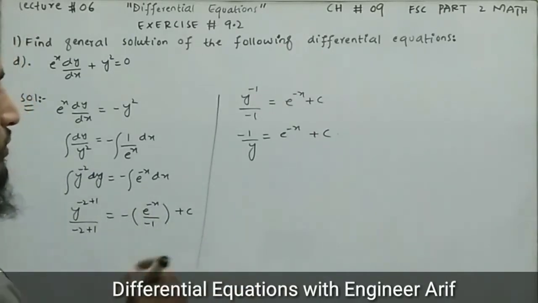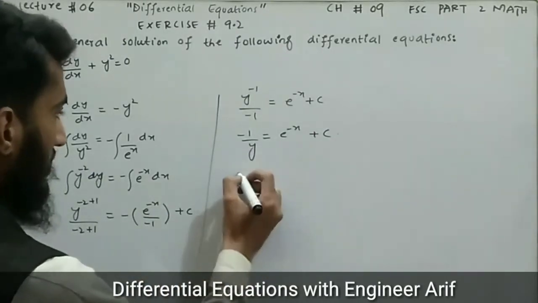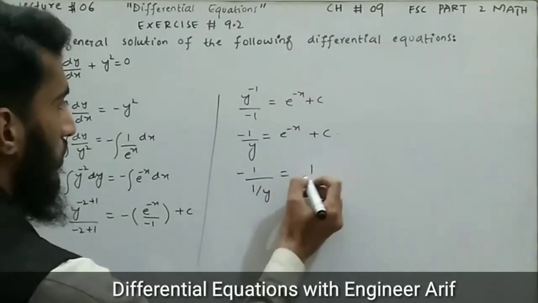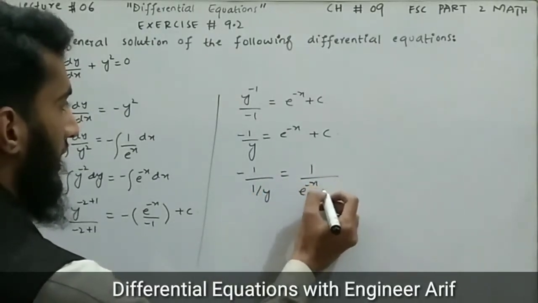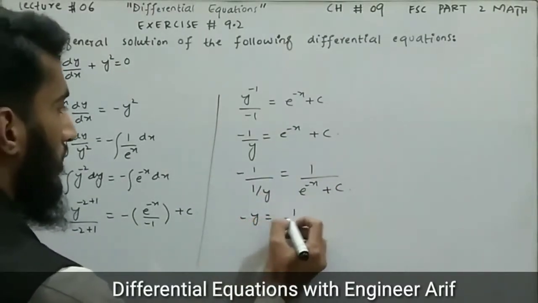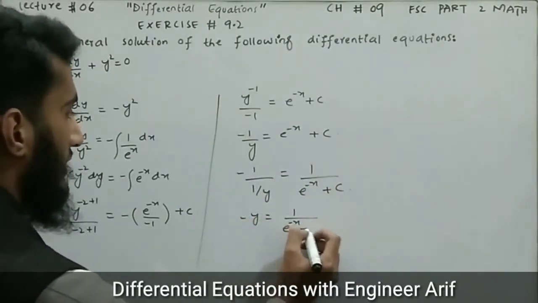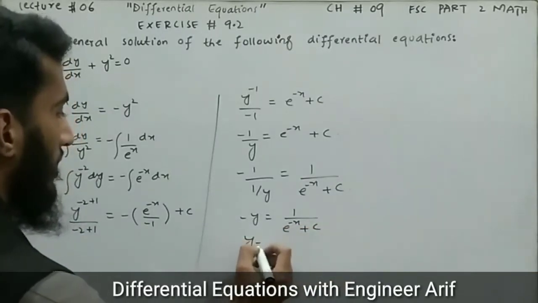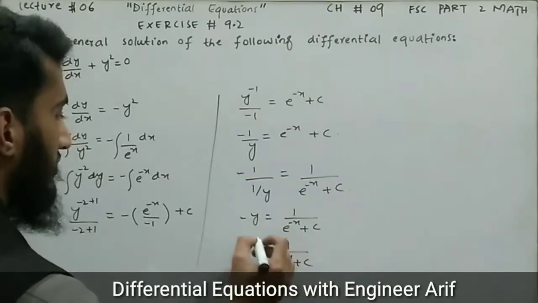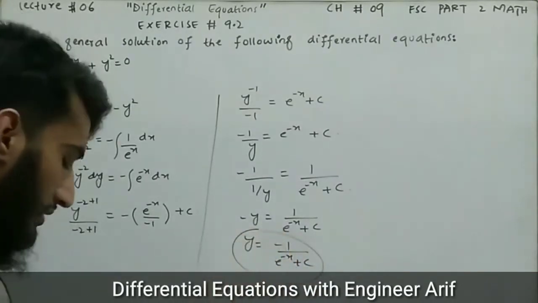Now reciprocating both sides, it becomes minus 1 over y is equal to 1 over e power negative x plus constant. So it will be minus y is equal to 1 over e power negative x plus c. So the required y will be minus 1 over e power negative x plus constant c. This is the required general solution.